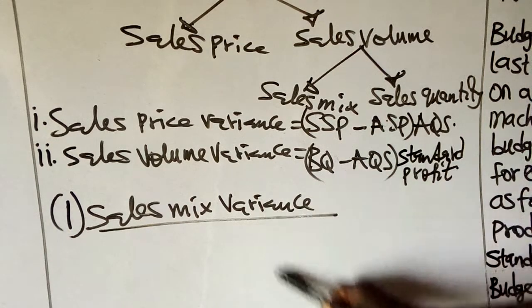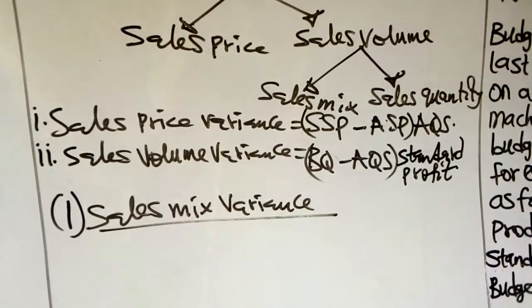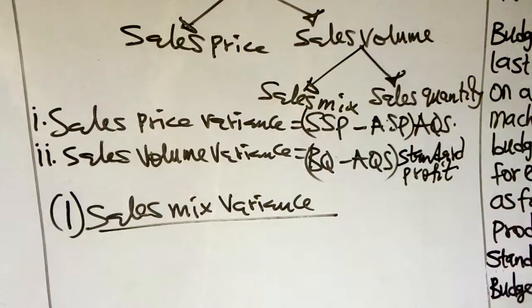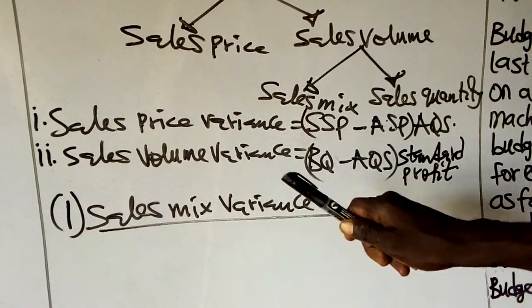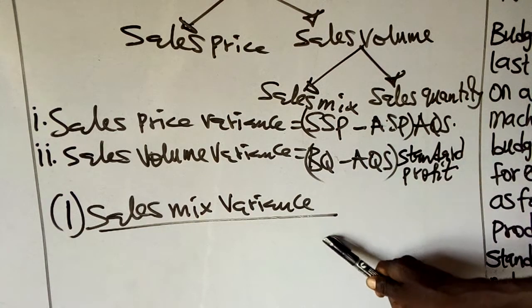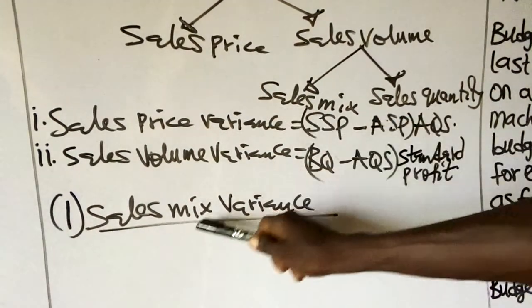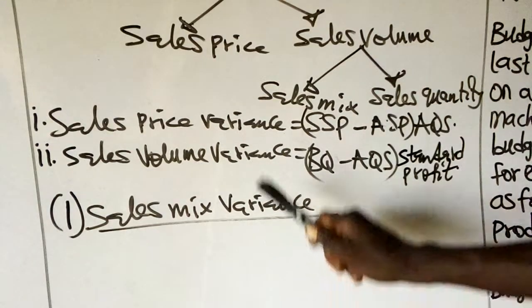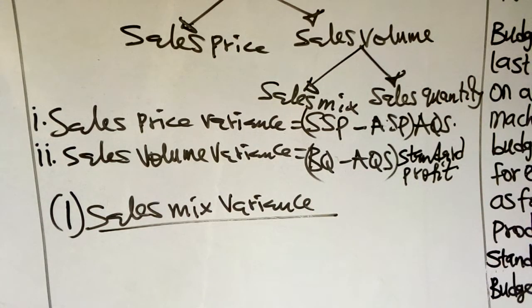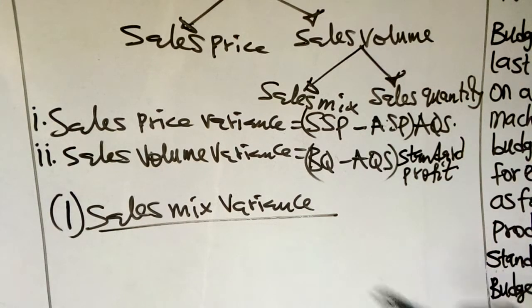It measures the effect on profit or contribution of changing the mix of actual sales from the standard mix. That is sales mix variance.